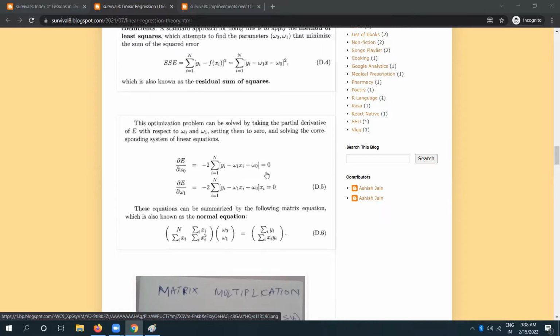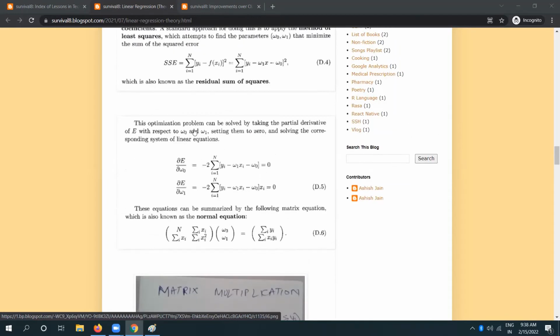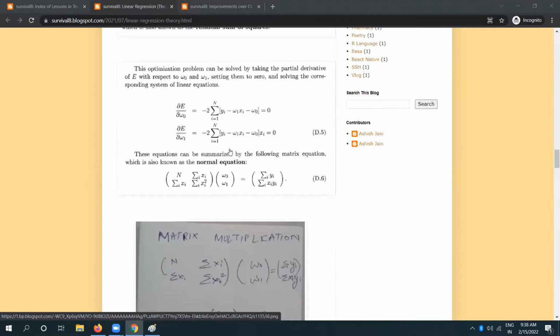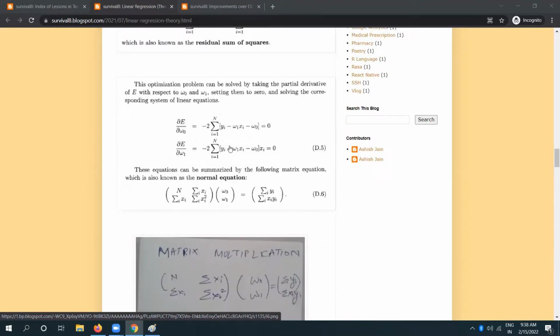Yeah, engineering mathematics. So making it 0 is to find the maximum and minimum of these functions. For the error function, the whole goal is to reduce the error function.